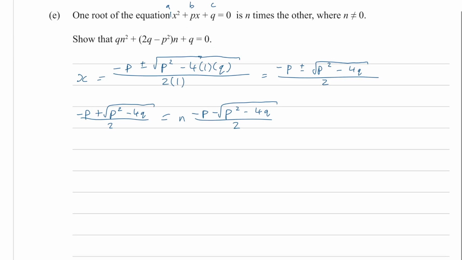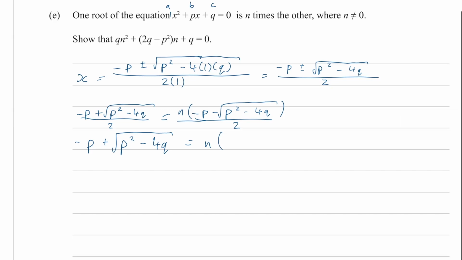First off, I see denominators, dividing by 2. So we could just multiply both sides by 2 to eliminate the denominator. And remember, this n is times, so it's technically in the numerator. We could write it like that.